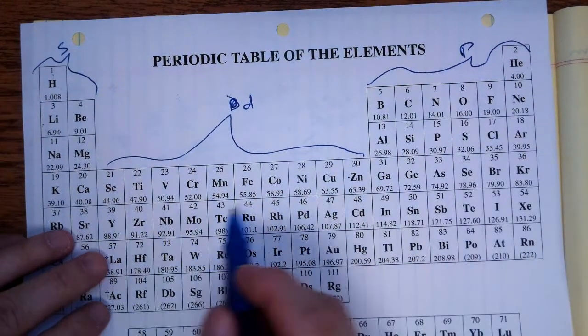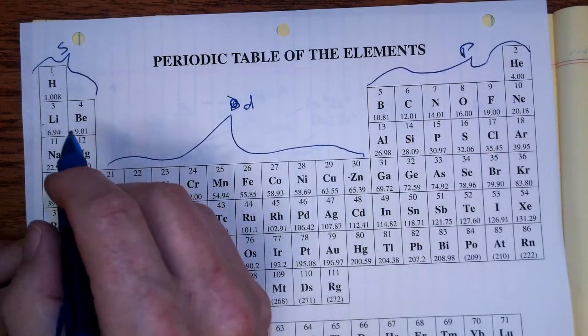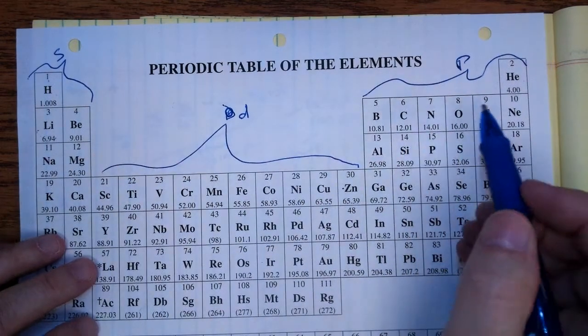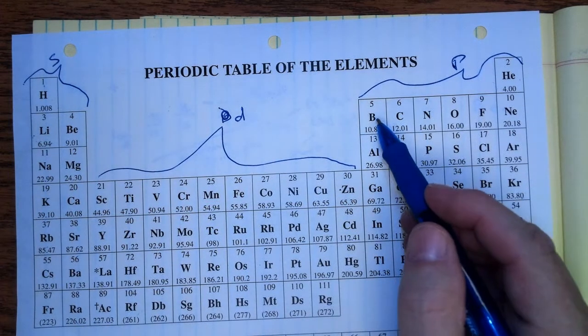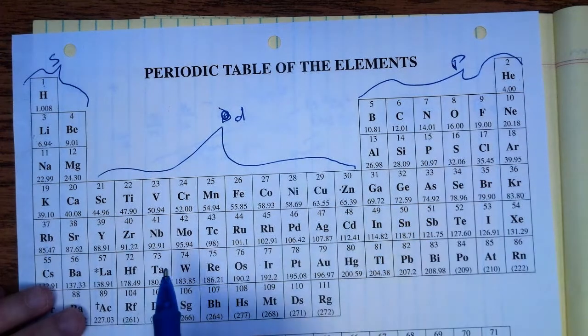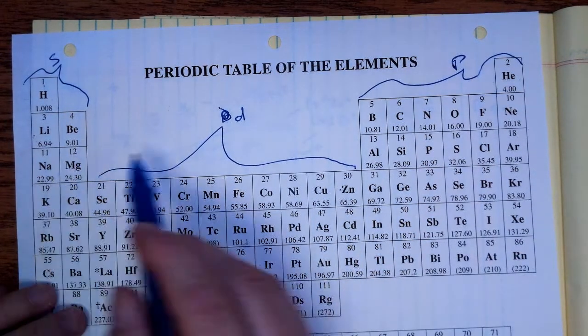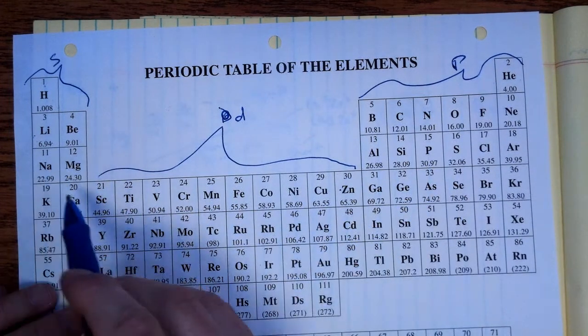These down here are the d's, and we're skipping those because they don't go by the rules that groups 1 and 2 and 12 through 18 do. And they're also called main block elements, main group elements, both names, for groups 1 and 2 and 12 through 18.